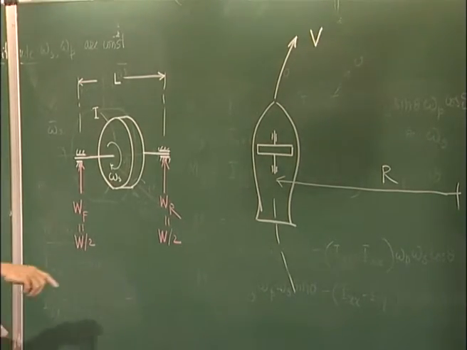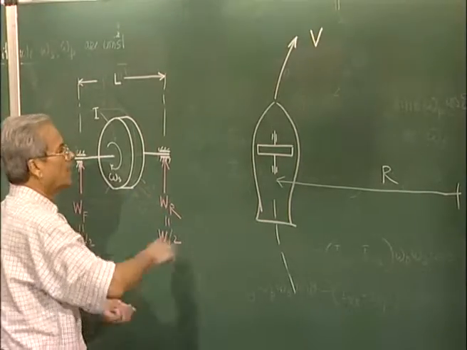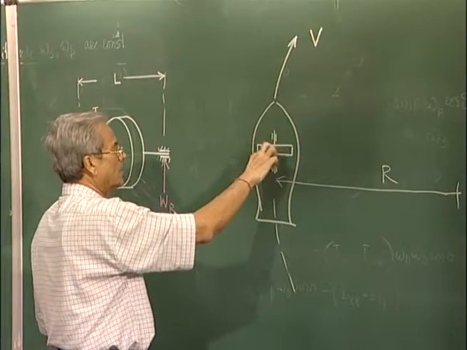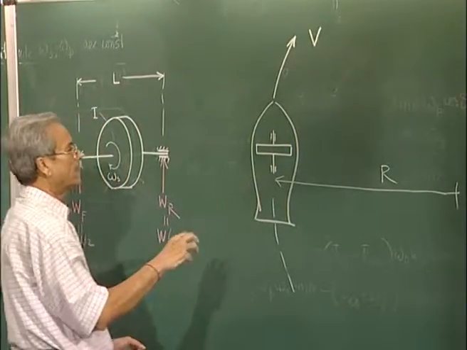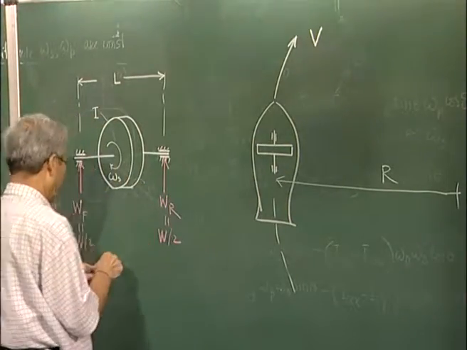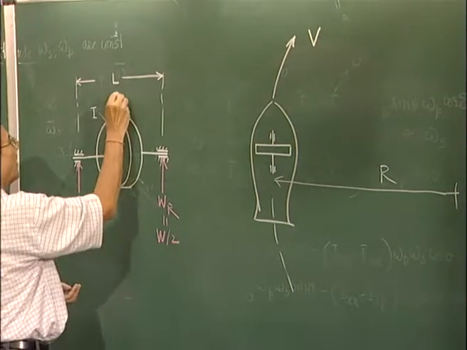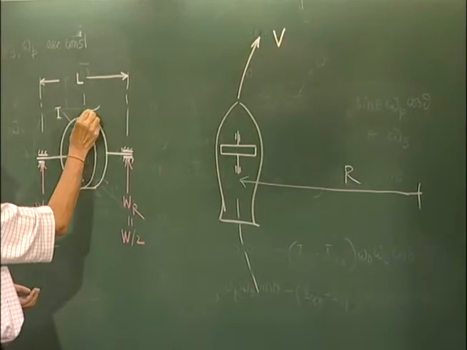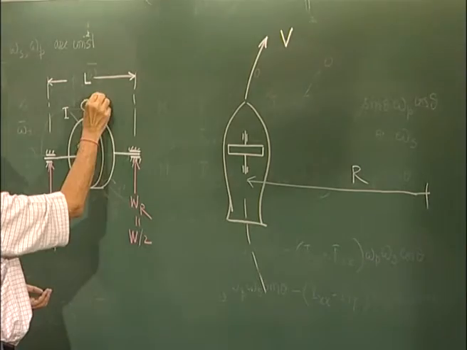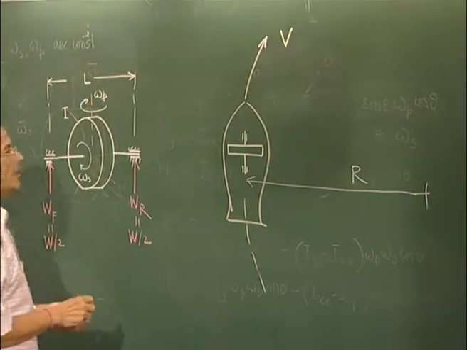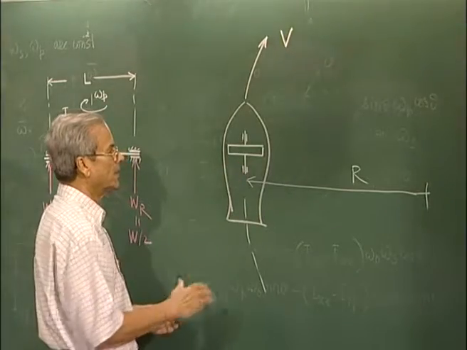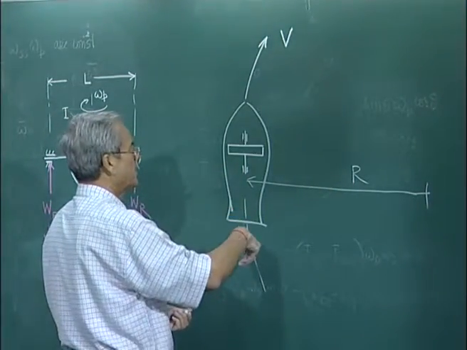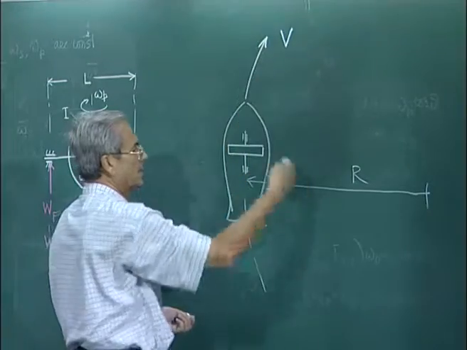Now since it is taking a turn like this, the whole axis of rotation of the rigid rotor is taking a turn in this direction. Now how much will be the precessional angular velocity? That means, what will be the rate at which it is rotating towards this? It will be the same as the speed at which it is traversing the distance divided by r.